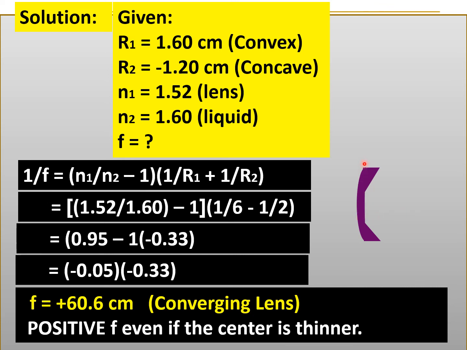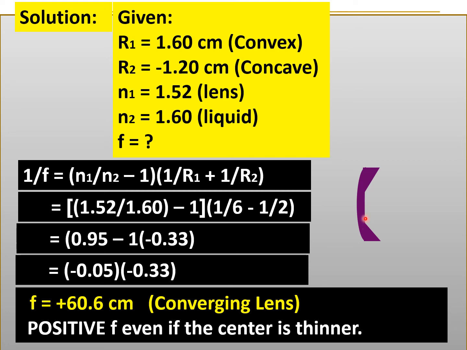So obviously, our sketch follows the given condition that the convex surface must be longer in terms of radius than that of the concave. Meaning, a lens that has a thinner geometric center.